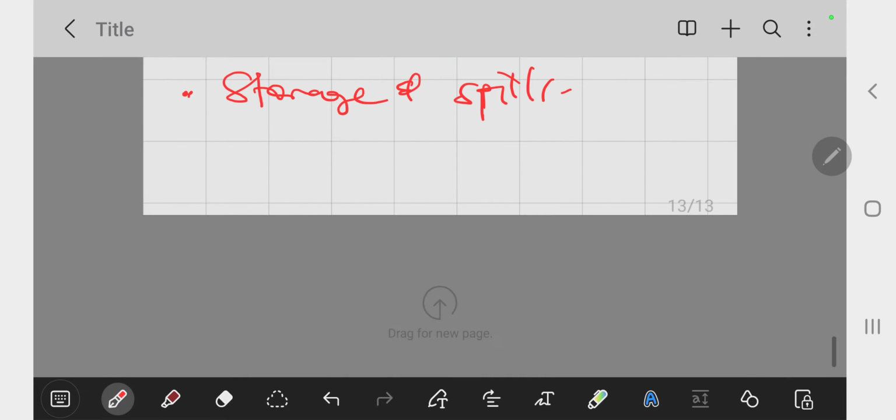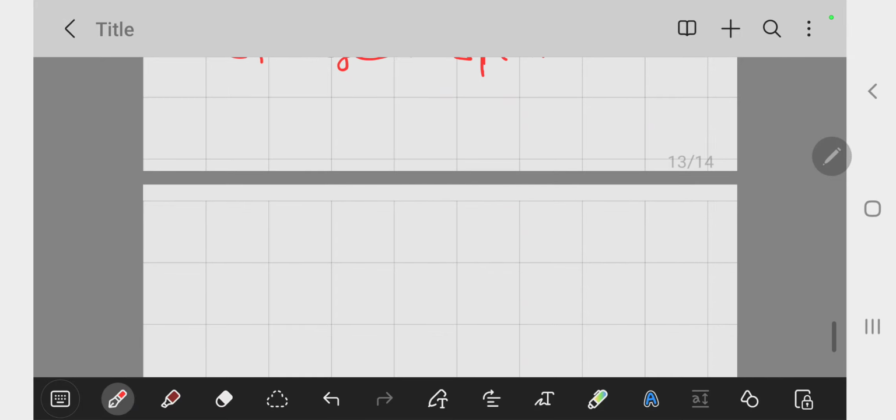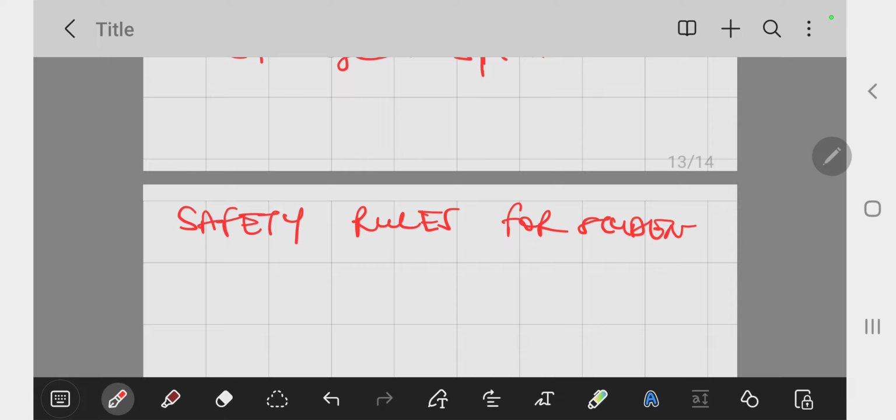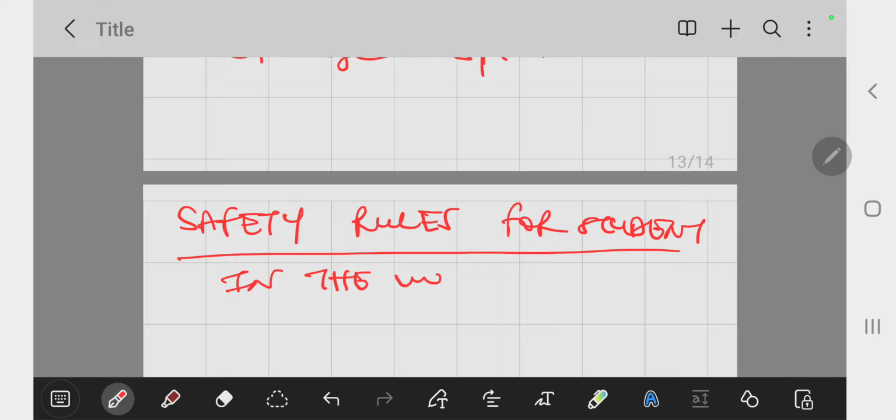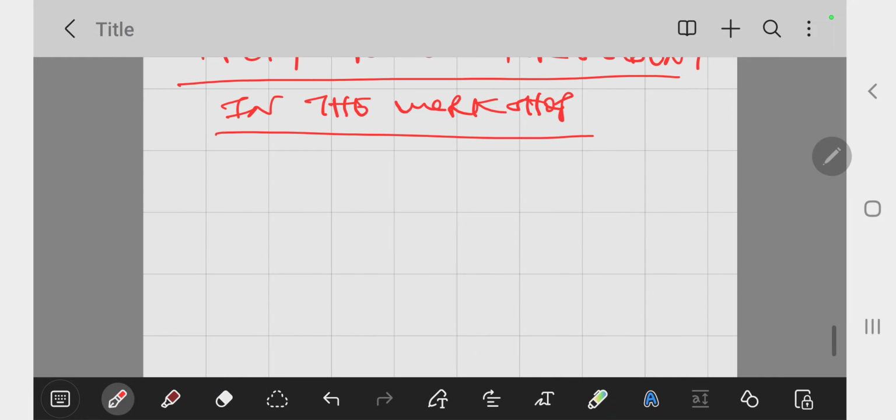And then ending the video, let's end it with something which you guys may already be aware of. You must be aware of some safety rules for students in the workshop. Number 1, you guys need to always wear protective clothing.